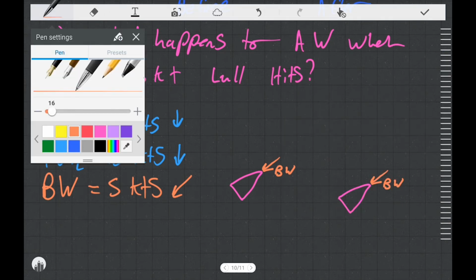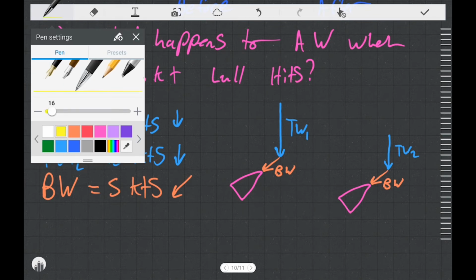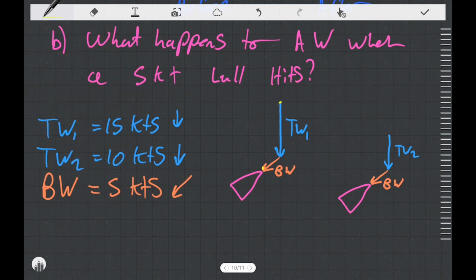Now in this case, we have a true wind that starts at 15. 1, 2, 3, 15. And in this case, we have a true wind that is only 10. So that's 1, 2, is 10. I'm going to connect them to show our apparent wind vectors.